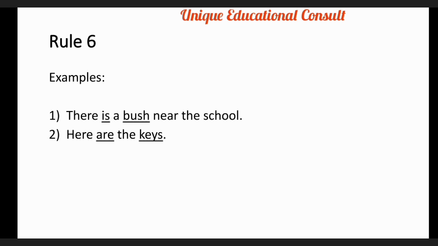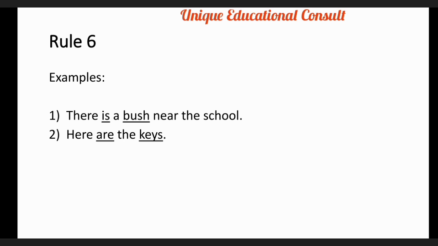And this is rule number 6. In sentences beginning with here or there, the true subject follows the verb. That is, when we have here and there in a sentence, the true subject follows the what? The verb. So, number 1 sentence: there is a bush near the school.